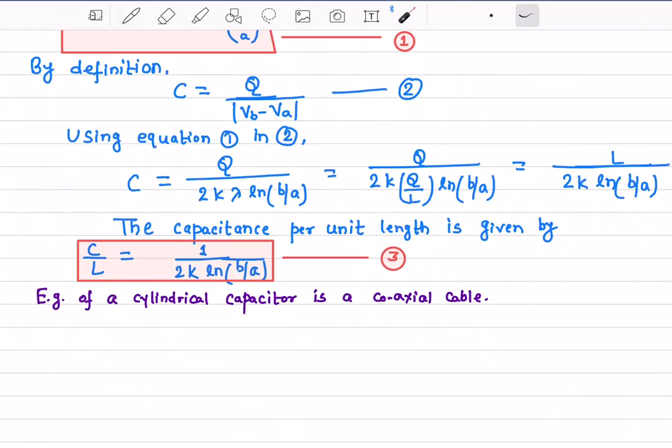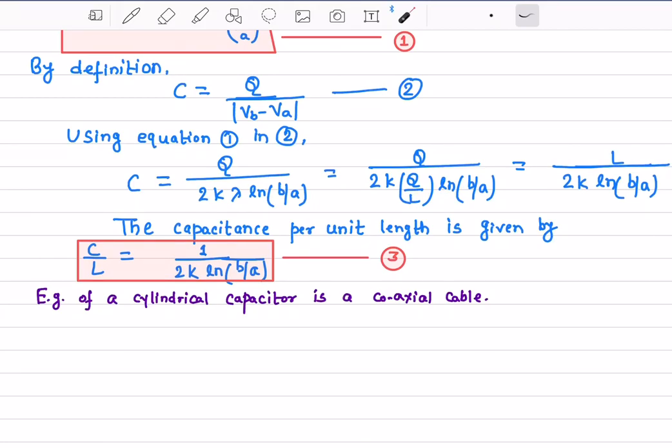Most of the time the length can vary, so the proper way of defining the capacitance of a capacitor like this is the capacitance per unit length. Okay, that's the proper way. Most of the time you have seen this kind of capacitor, for example a coaxial cable.